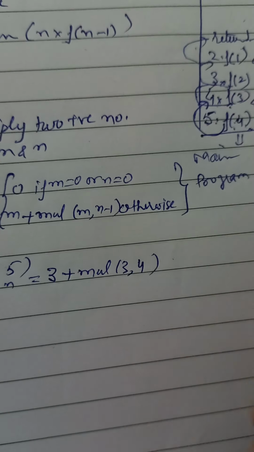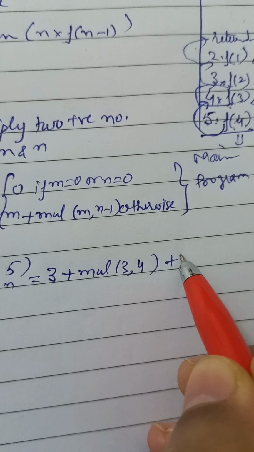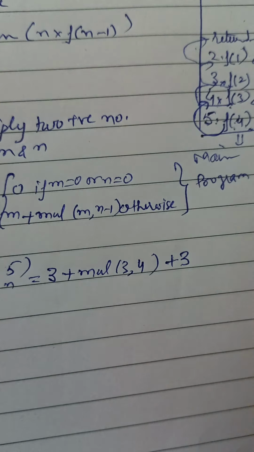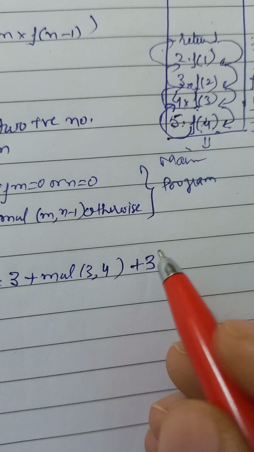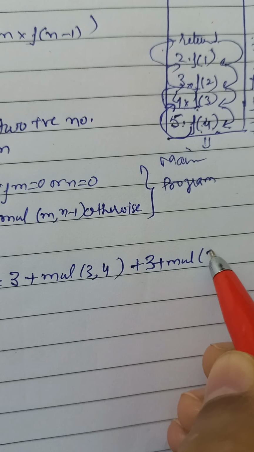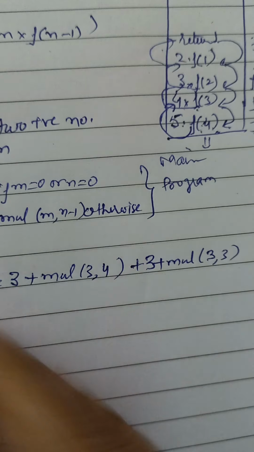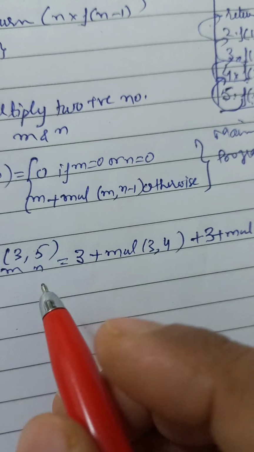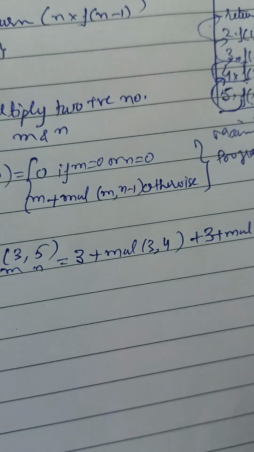Like this it will go. Next, 3 plus multiply 3, 3.